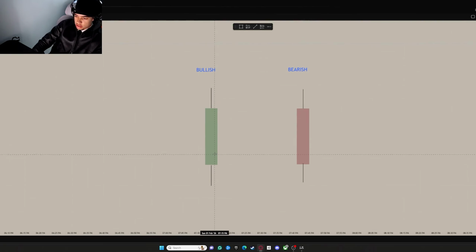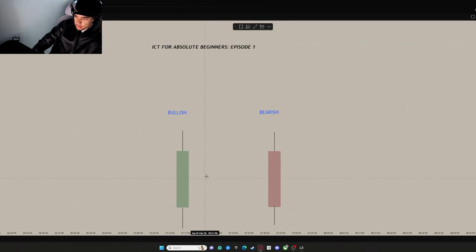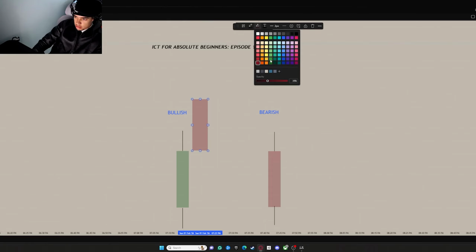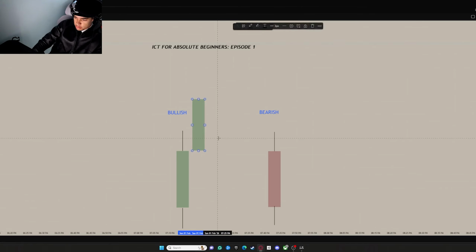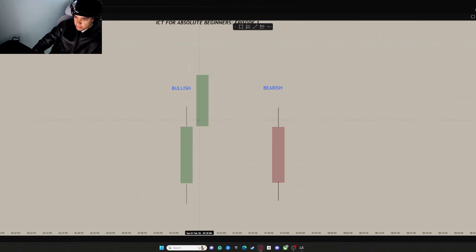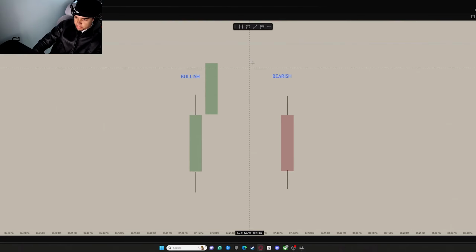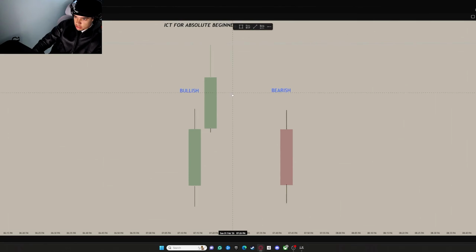So if you see this right here, for example this wick, we'll say this one is shorter, and this one's super long.